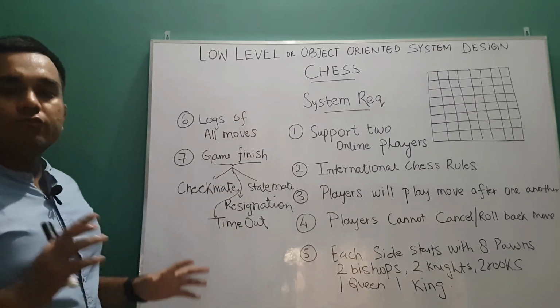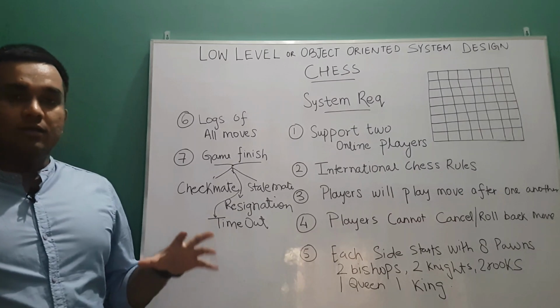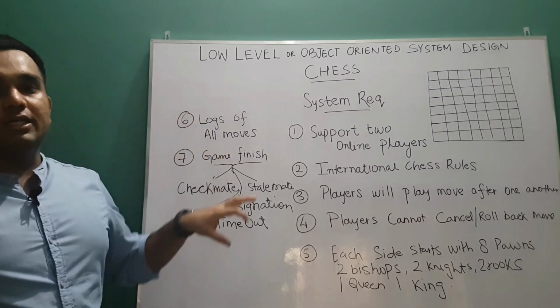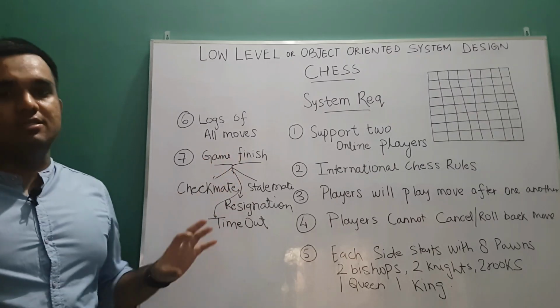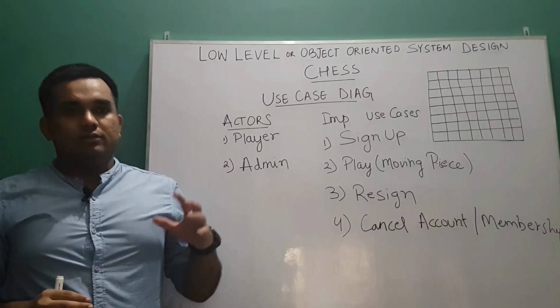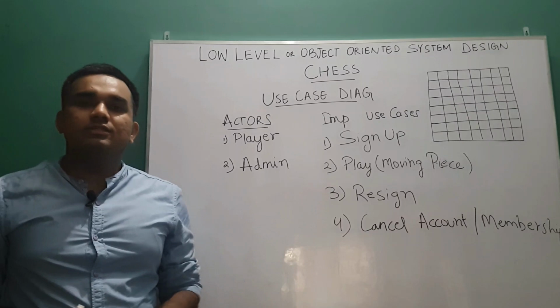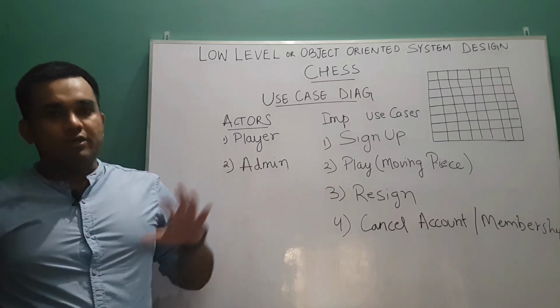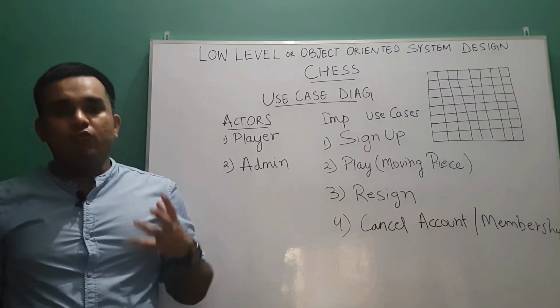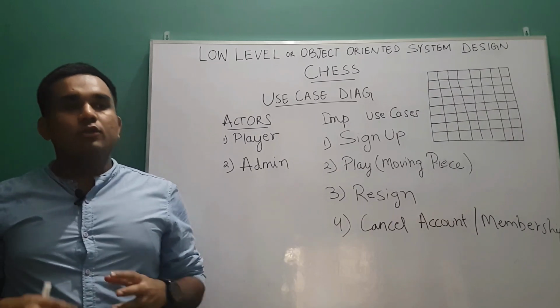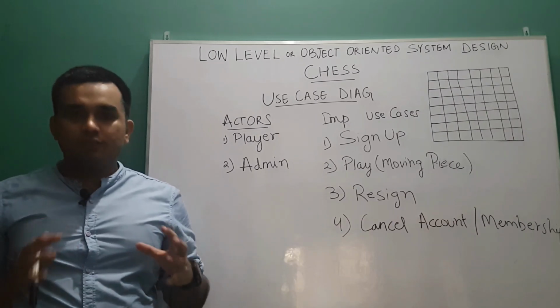Now we'll move further and design what all use cases are there, and what actors will be there in our system. Here you can see some important use cases which I have written. First of all, to draw the use case diagram we have to identify what all actors will be there, or you can say who the users of the system will be.